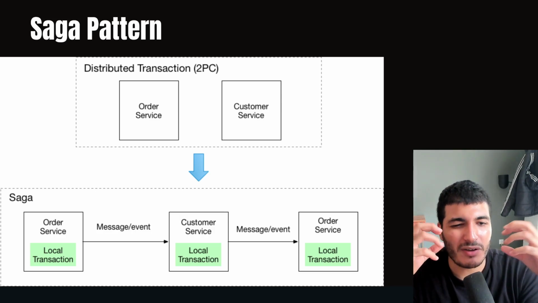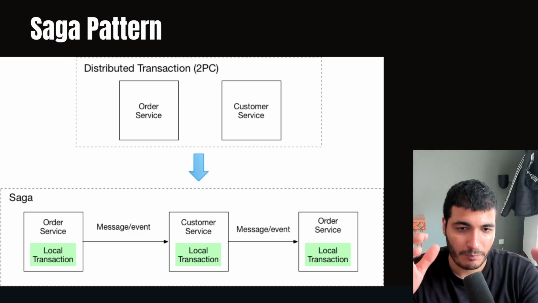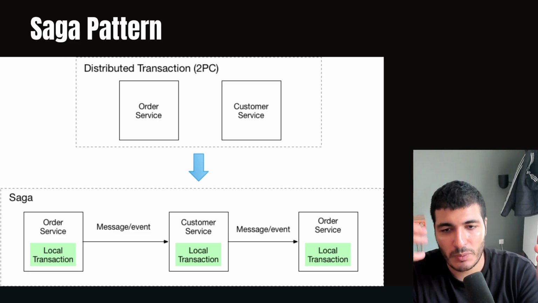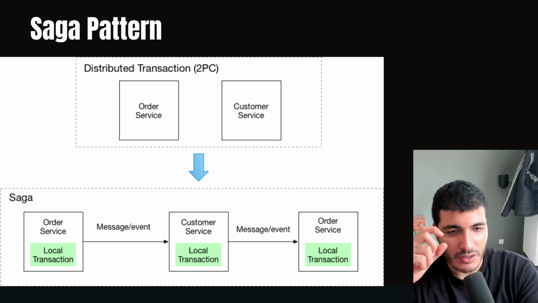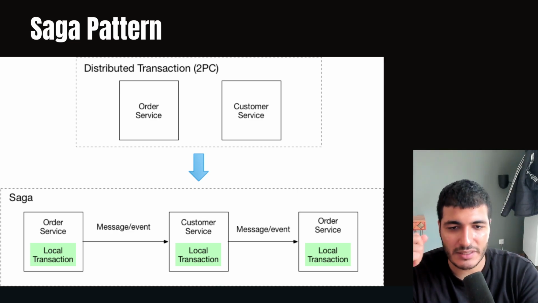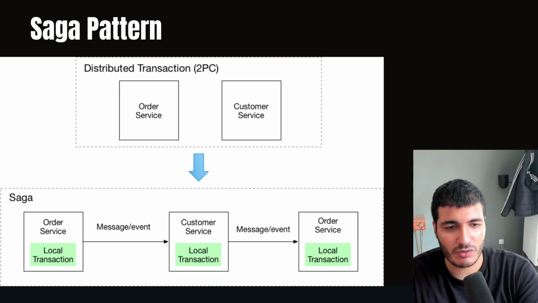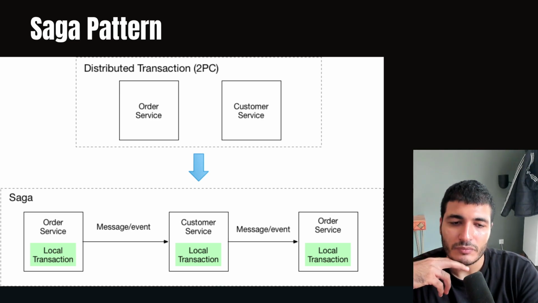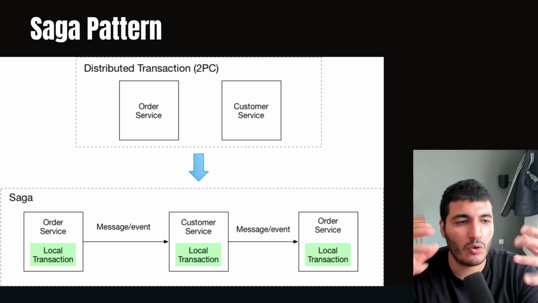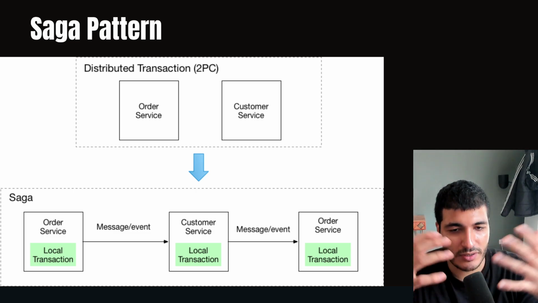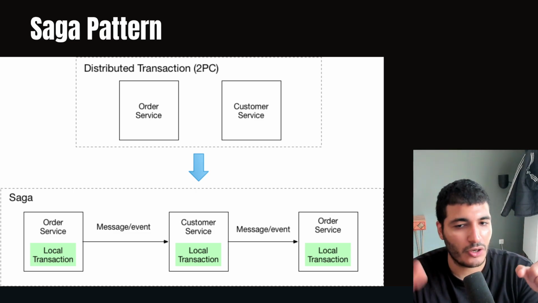Number two, you have increased complexity, because it's significantly harder to implement events and write all the compensating transactions, and harder to debug due to its asynchronous nature. Also, we have no atomic rollback. It requires explicit custom compensation logic.